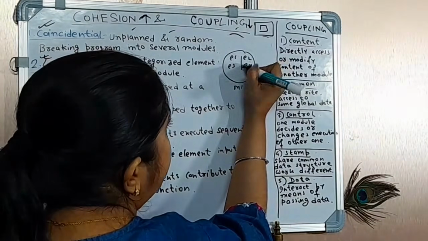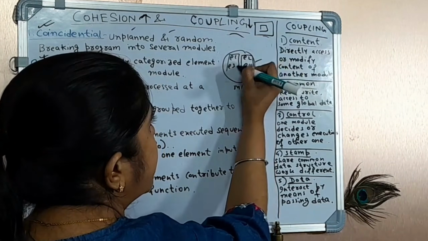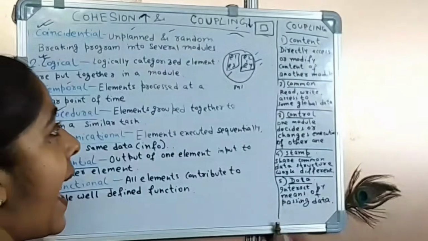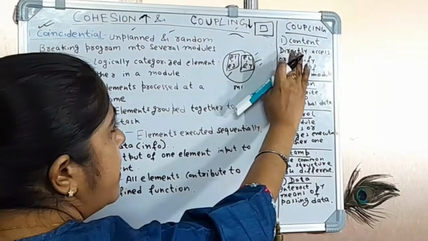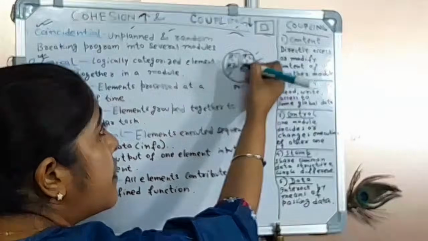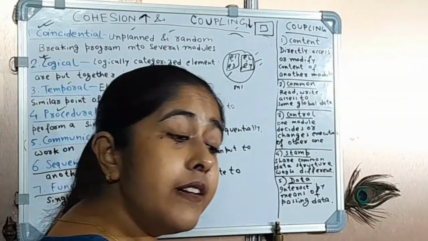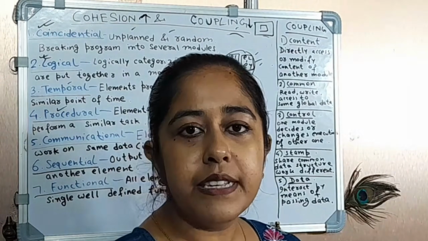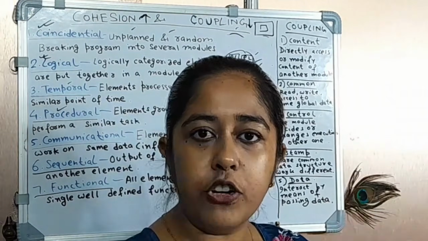Suppose E1, E2 and E4 are performing some task and the others are performing another task. So the interdependability between these two and these two, they are grouped individually. So it is the interdependability between those particular elements in a module which are doing the same kind of task. Those elements are grouped together in a module.